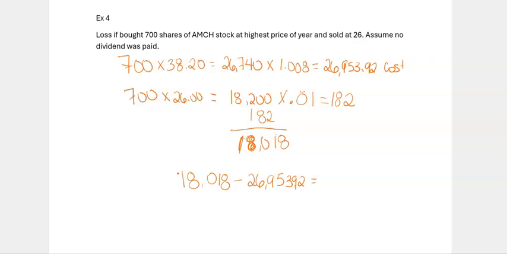So when I take $18,018 and I subtract that from it, I get a negative $8,935.92.